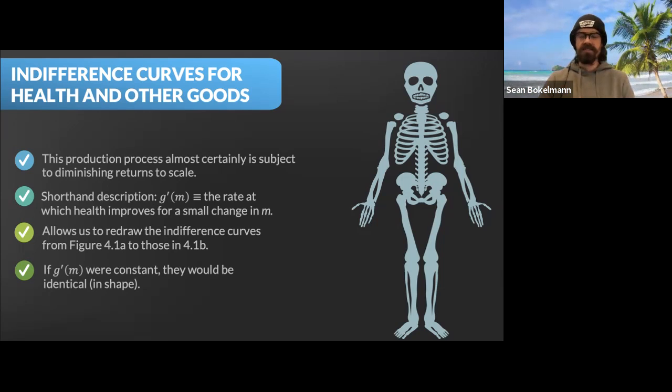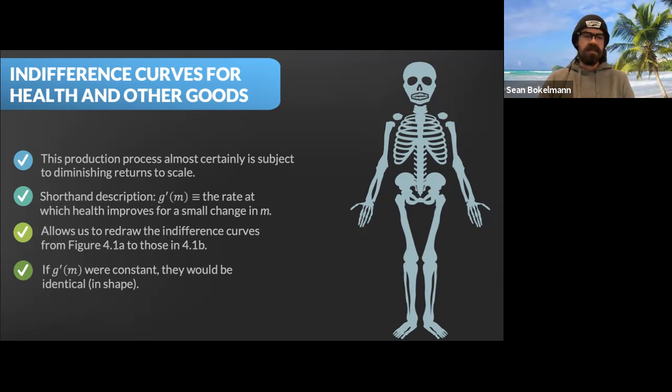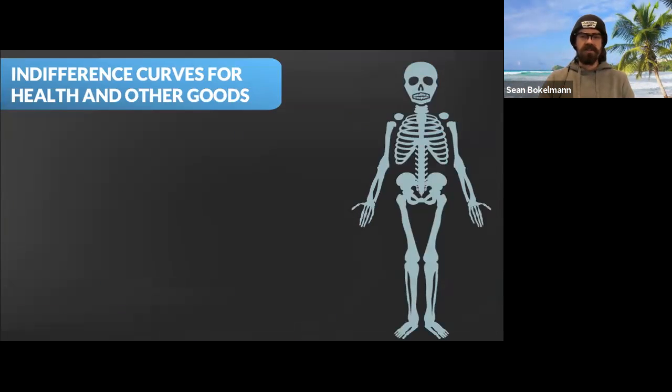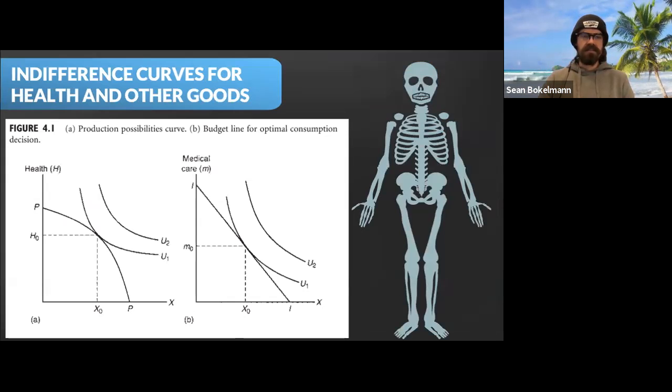Well, I guess the budget constraint and PPF would be identical as well. But they're not. There's a diminishing marginal return, which means that our PPF in figure A here is curved. The reason for that is the diminishing marginal returns of medical care.